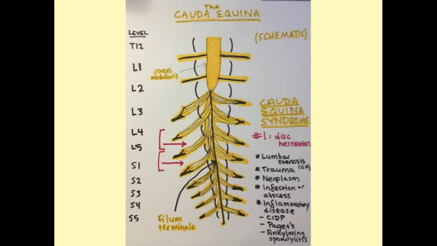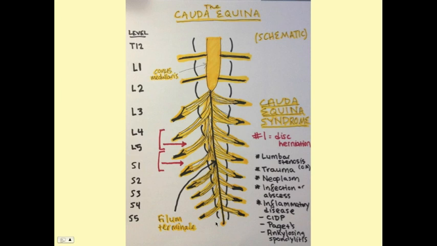This is just a schematic of the Cauda equina. Here we are, T12. We end at L2. This is the conus medullaris, where the spinal cord tapers off. And then this is my rough representation of the Cauda equina. We have these intradural nerves. They ultimately will form nerve roots L3, L4, L5, all the way down to S5.